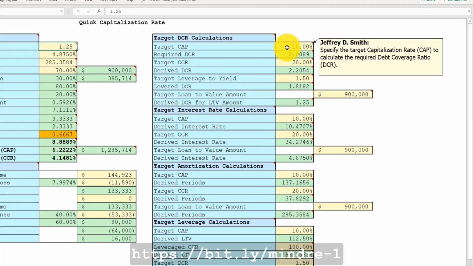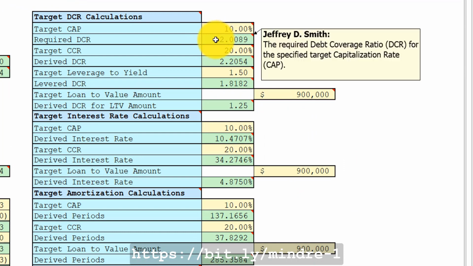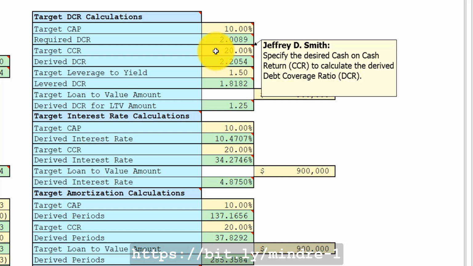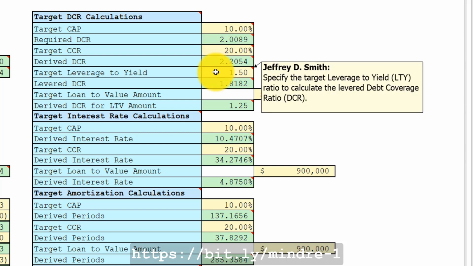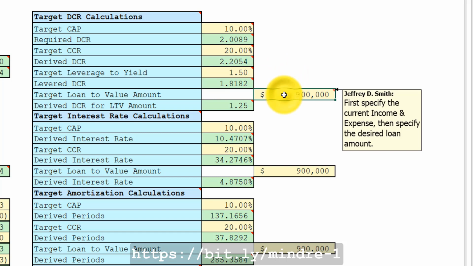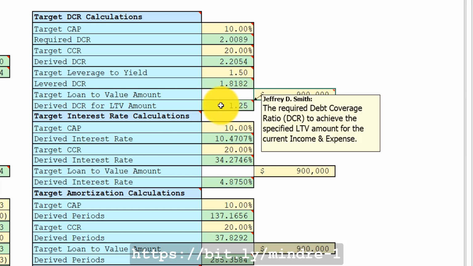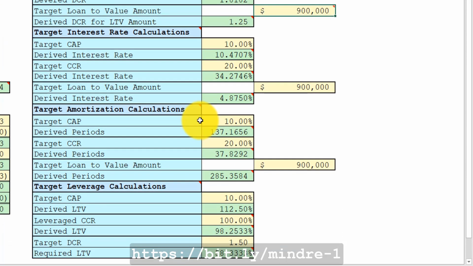What would it take to get a target cap of 10% by changing the DCR? A target cash on cash return by changing the DCR? Target leverage to yield by changing the DCR, or loan to value amount by changing the DCR. Do similar calculations for interest rate, amortization, and leverage.